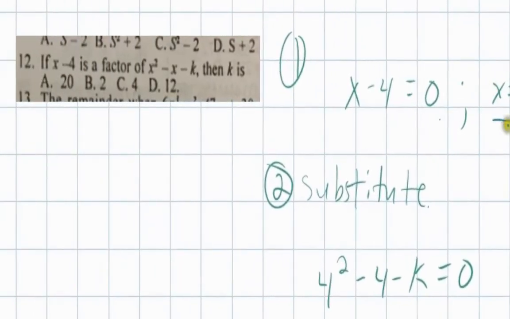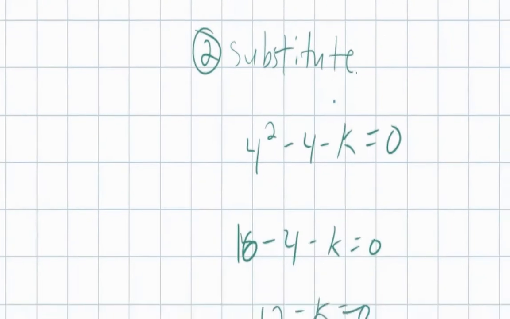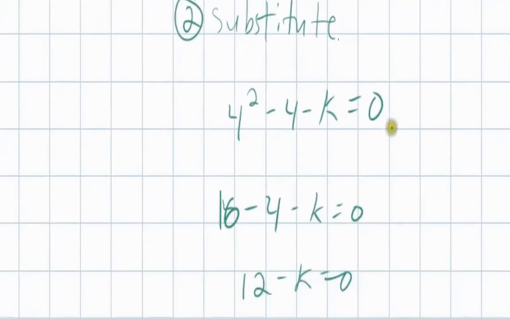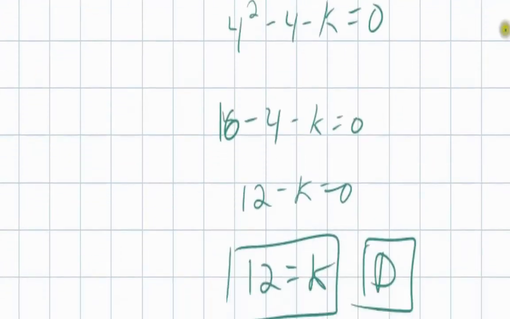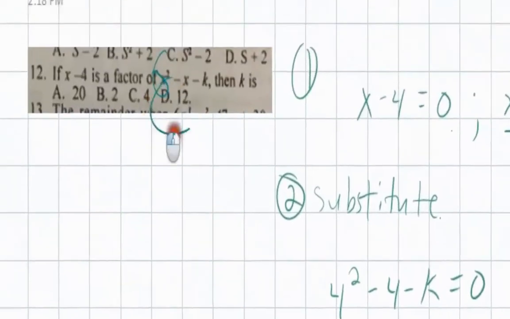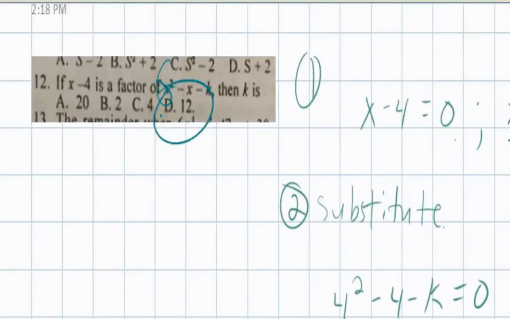So since we know that x is equal to 4, this x squared becomes 4 squared minus 4 and the minus k, because we don't have anything to substitute k for. We set this equal to 0, and then we solve for k. So 4 squared is 16, minus 4 is 12, minus k is equal to 0, and so we get that 12 is equal to k, which is your option for answer D.